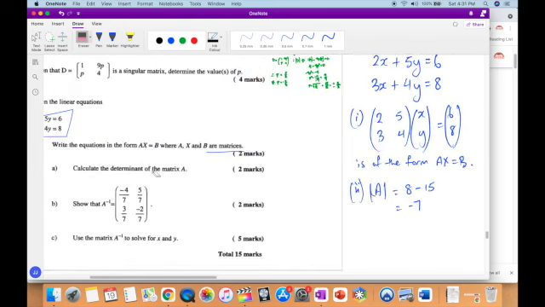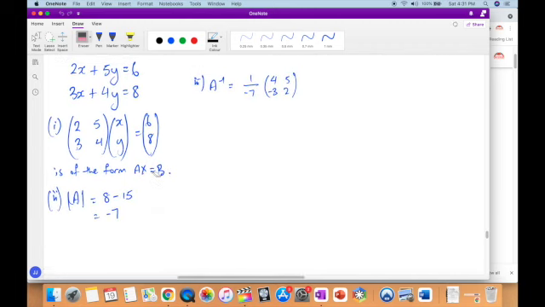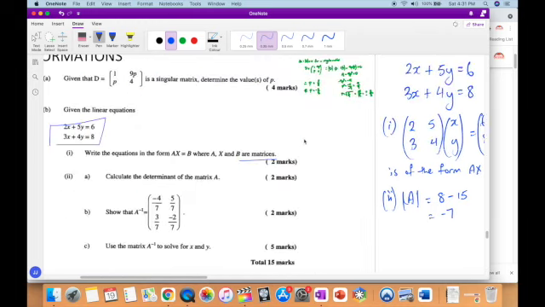So they did multiply, and that gives us negative 4 over 7, 5 over 7, 3 over 7, negative 2 over 7. I think they got something wrong though. Oh no. How come this 5 is not negative?